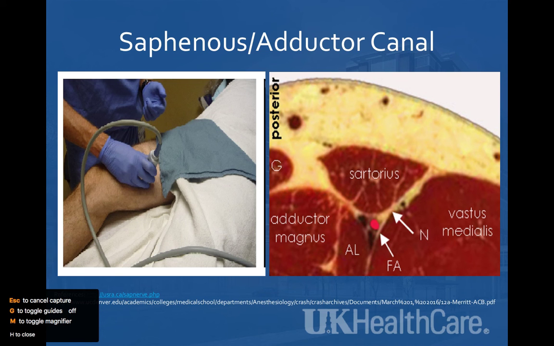But the punchline is that, as we're looking at where the ultrasound probe on the left picture is placed, we typically will approach from lateral to medial. This is clinically significant because the majority of the time, as they're identifying the nerve, it's on that lateral aspect, that lateral approach.